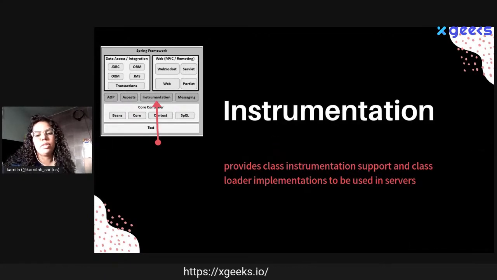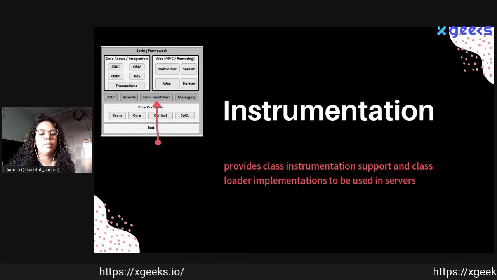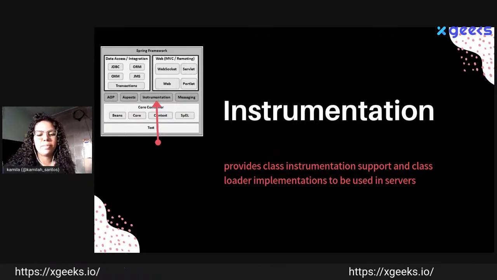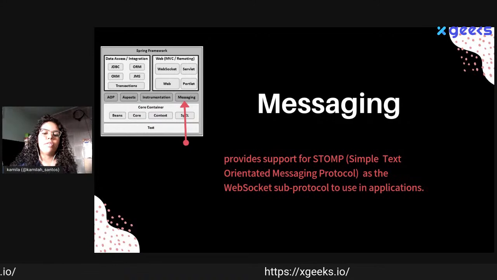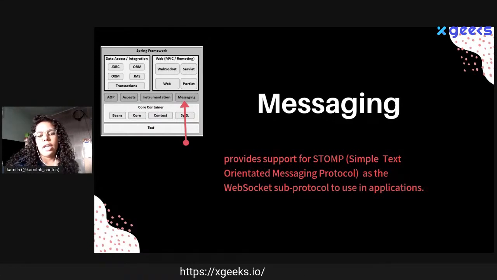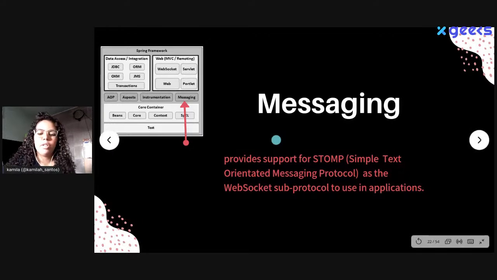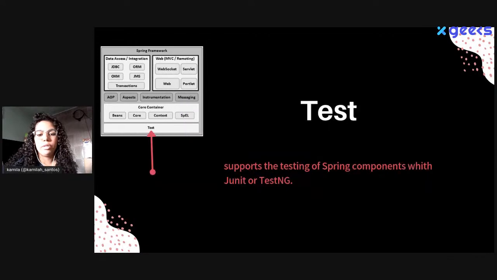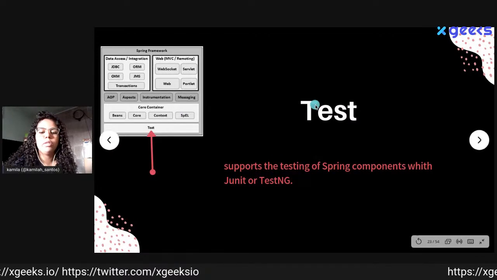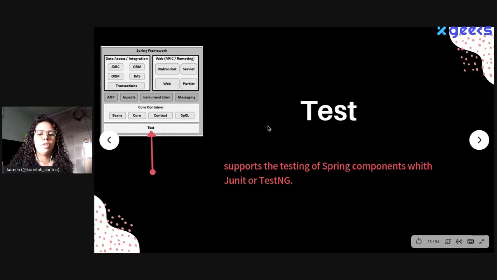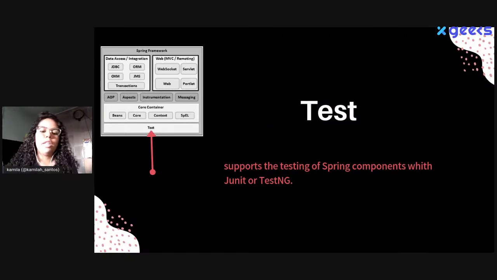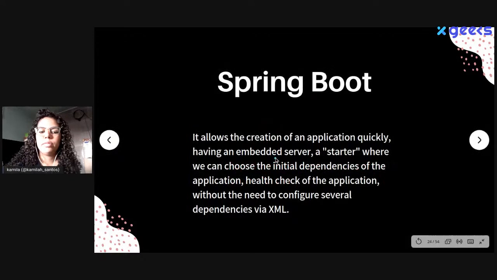Instrumentation provides class instrumentation support and class loader implementations to be used in servers. And Messaging provides support for STOMP, Simple Text-Oriented Messaging Protocol, as the WebSocket subprotocol for usage in applications. And finally, we have the test module that supports the testing of Spring components with JUnit or TestNG frameworks.